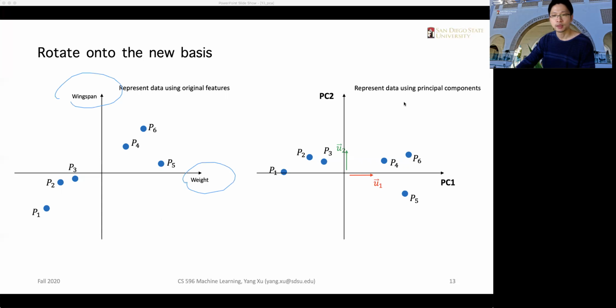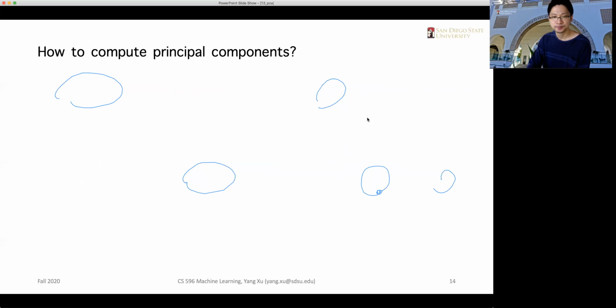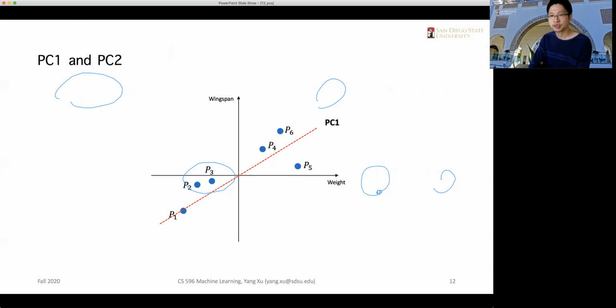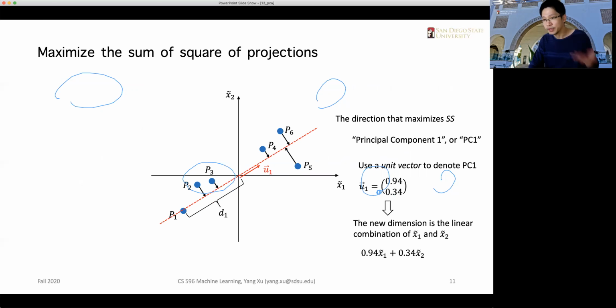The thing with PC1 and PC2 is how do we interpret these features? What does PC1 mean? The meaning of PC1 resides in the values of U1, the unit length vector. We can see that it is 0.94 times x1 plus 0.34 times x2. So it's basically a combination of weight and length.